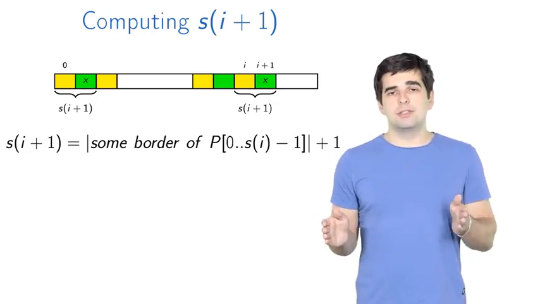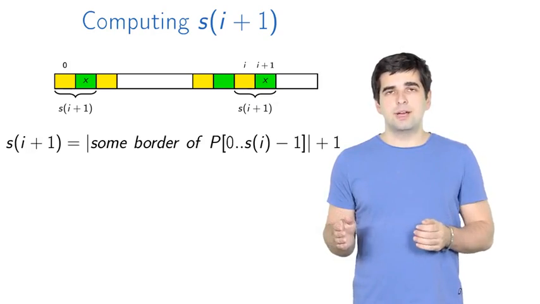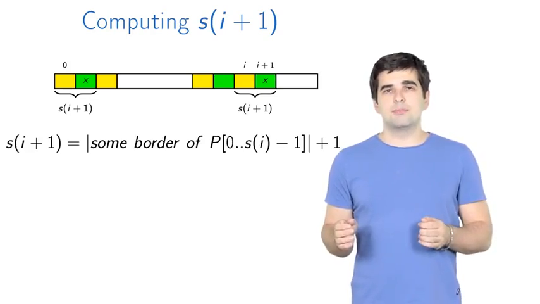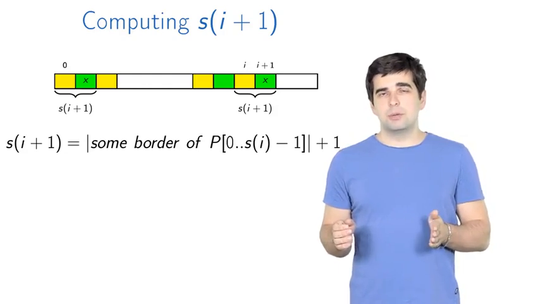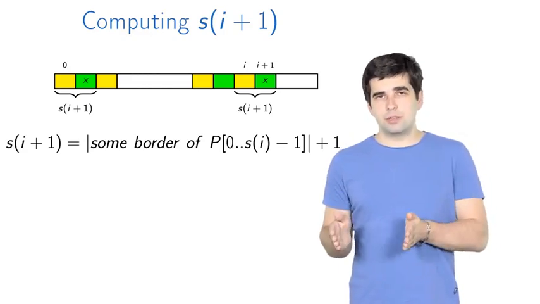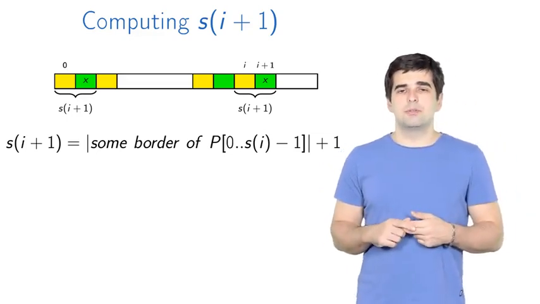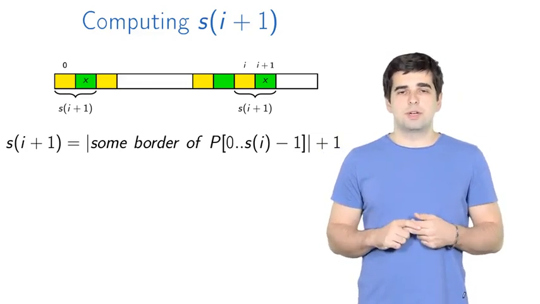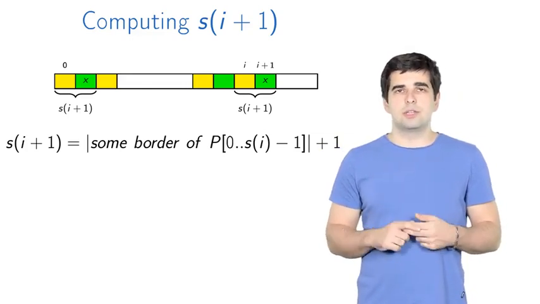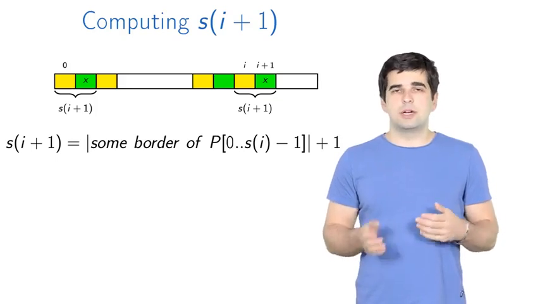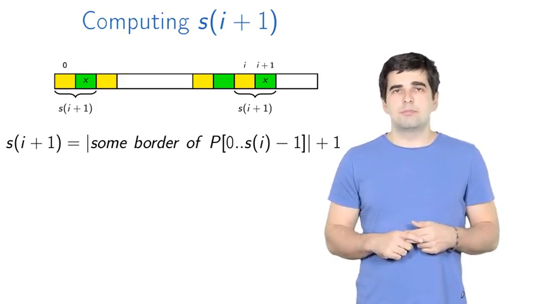For prefix ABA, ending in position 2, the longest border has length 1 and it is border A. For the string ABAB, the longest border is AB of length 2. And for the next prefix, the longest border is already of length 3, and although the prefix ABA and the suffix ABA intersect, this is still a valid border. And for the next string, the longest border is ABAB of length 4.